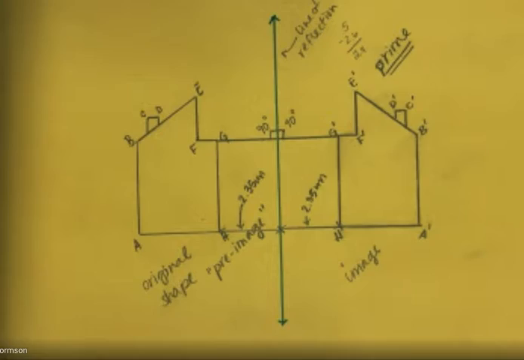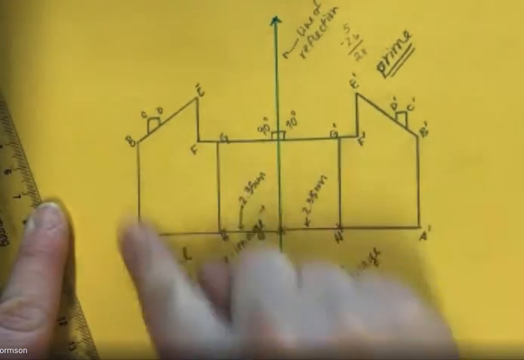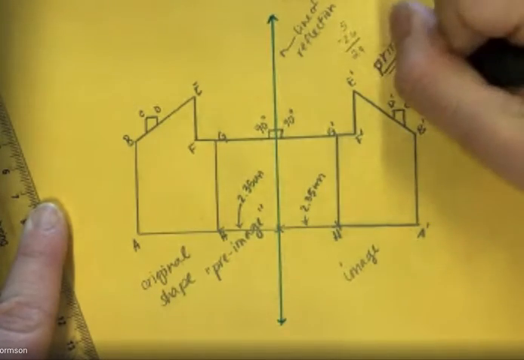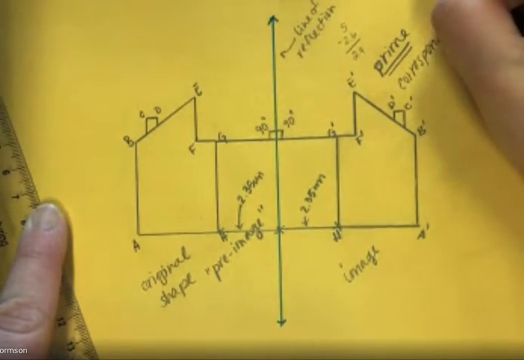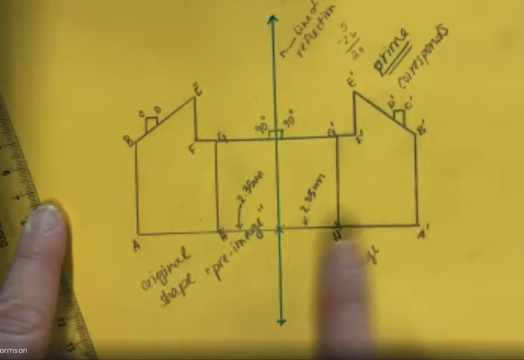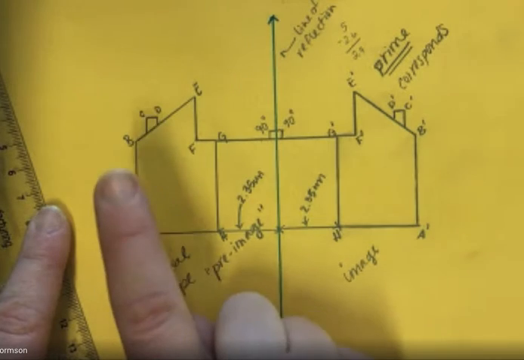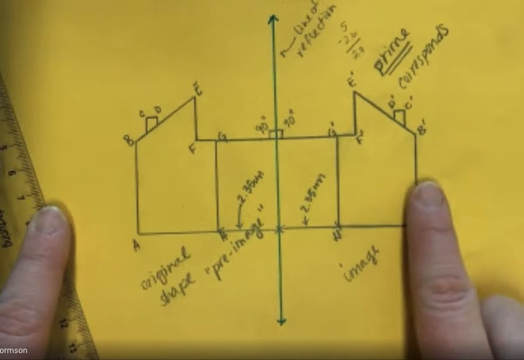Last but not least, if I were to truly be able to prove that this shape corresponds to this shape, and I'm going to write this word now because I haven't written it down yet, corresponds. If a side length corresponds with another side length, or if an angle corresponds with another angle, the angle on the original or the side length on the original should be the same angle measure or side length measure on the image.